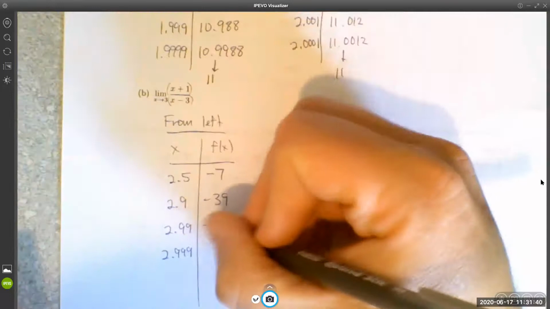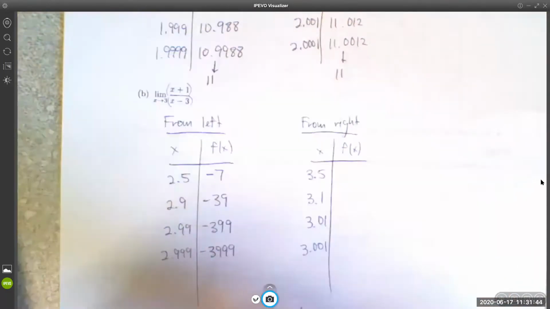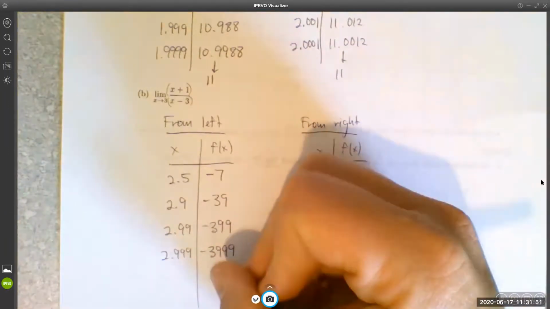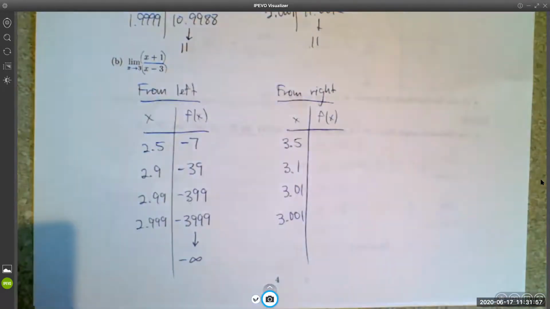Yeah, negative 399. I suspect this one's going to be negative 3,999. Let me check. Yeah, so it seems like it's just going off to negative infinity. What about from the right? Is the right also going to explode off to negative infinity, or is it going to do something else?